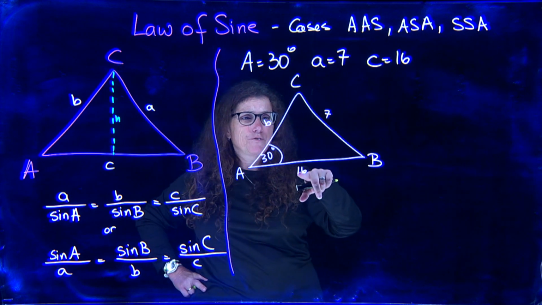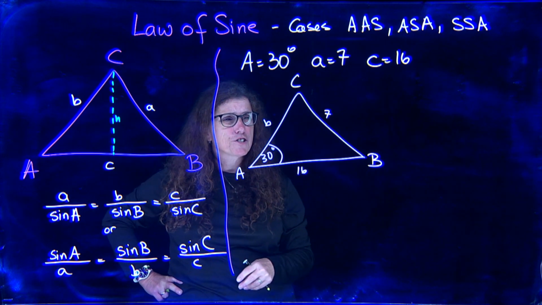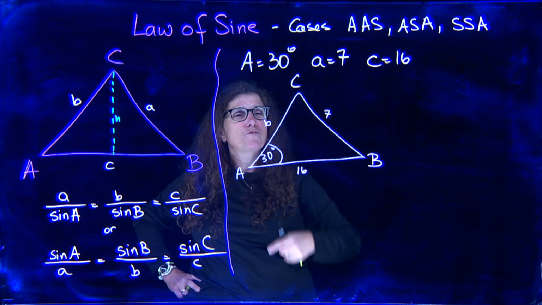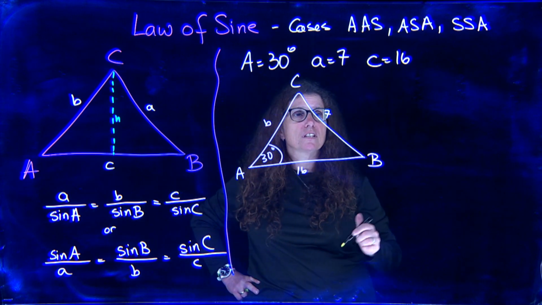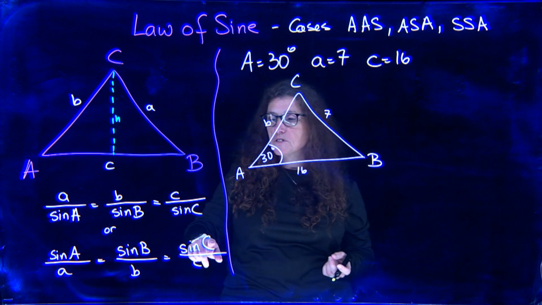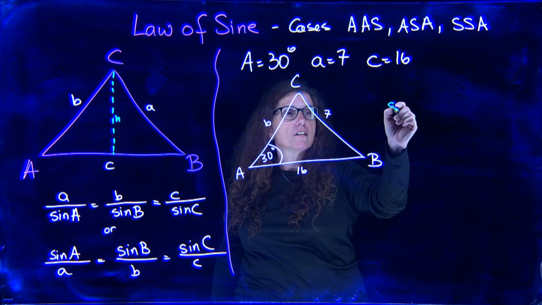And we know nothing about B, so the next logical case would be, since we have side C, to find the angle of C. And in this case, since I'm finding the angle of C first, I'm going to use my second version of my law of sine.